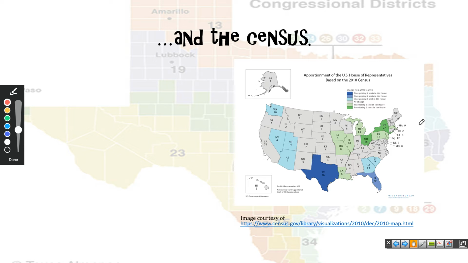So here, representation is not equal among the states. The bigger your state, and when I say bigger, it's all about population. For instance, Alaska, in terms of land, is the largest state, but you'll see they only have one representative. Texas, the second largest state according to land, they have 36 representatives. That's because there are so many more people that live in Texas than Alaska.